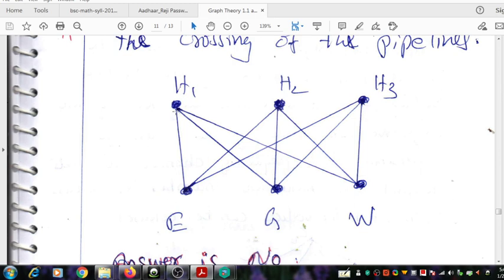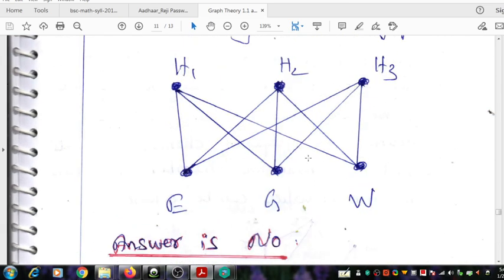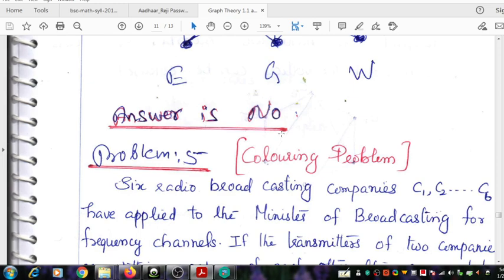The pipe laid from the electricity facility center to the first house is drawn here, and from the gas to the first house, etc. You can see all these pipelines are laid there.